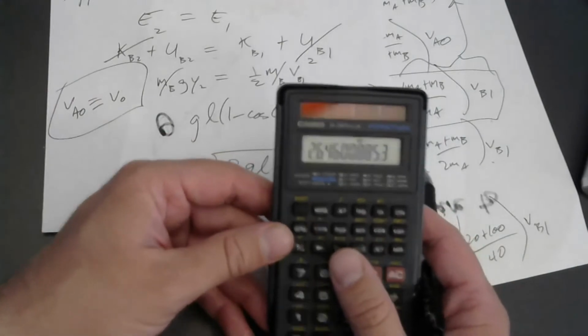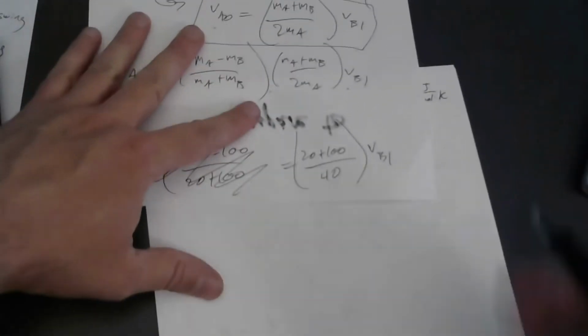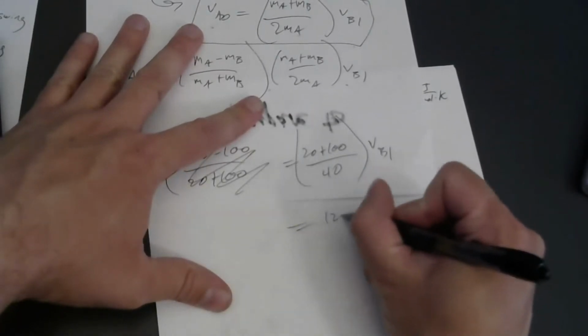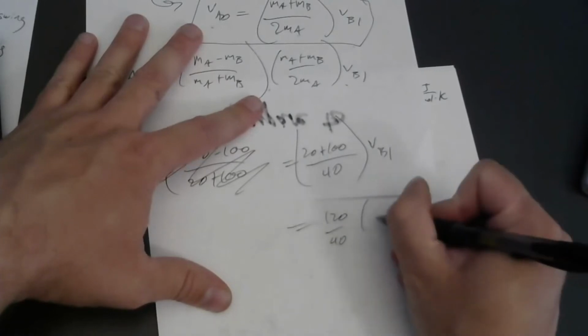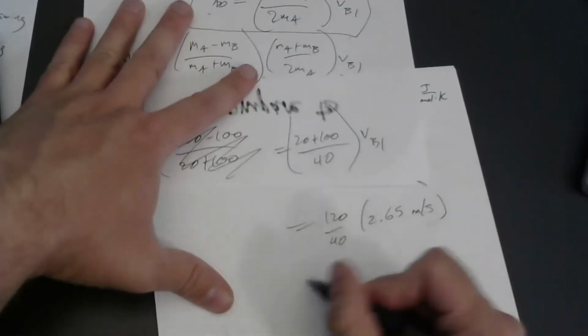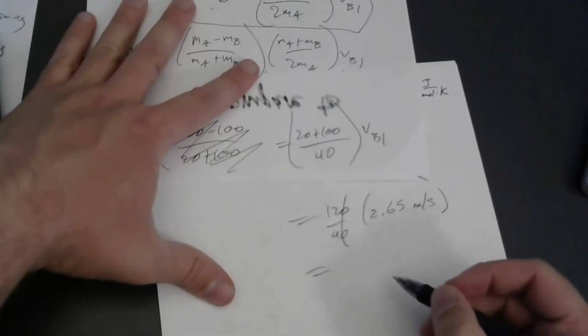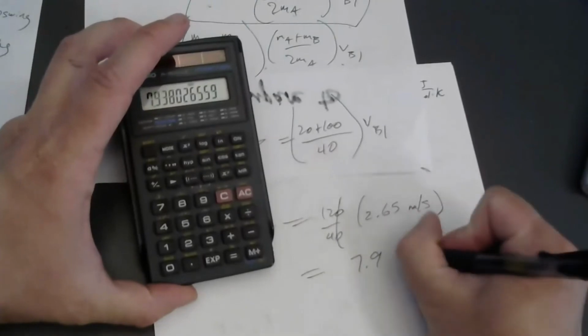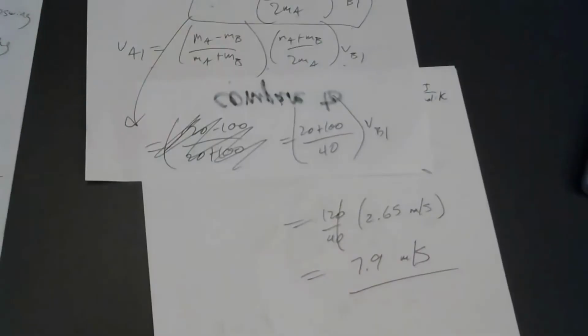I'll round that to 2.65. So let me continue this right here. 20 plus 100, that's 120 over 40 times 2.65 meters per second. The zeros cancel. 12 over 4 is 3. I'll just multiply this by 3. Evidently, the ball was going 7.9 meters per second.